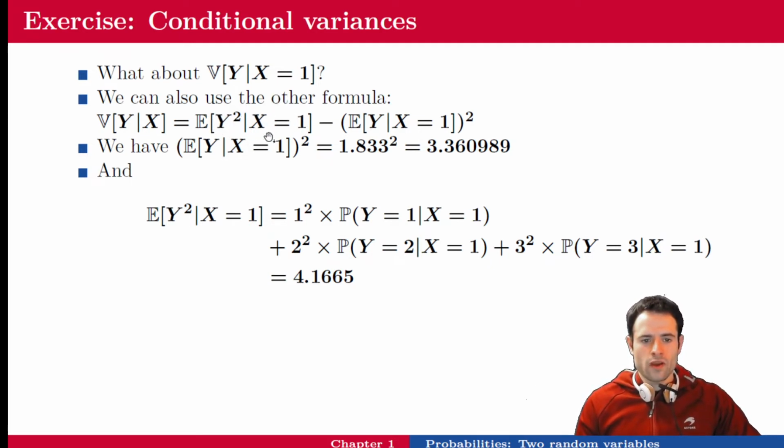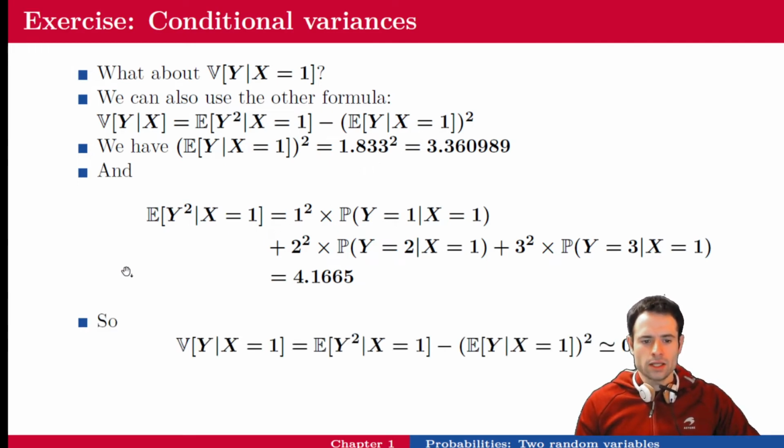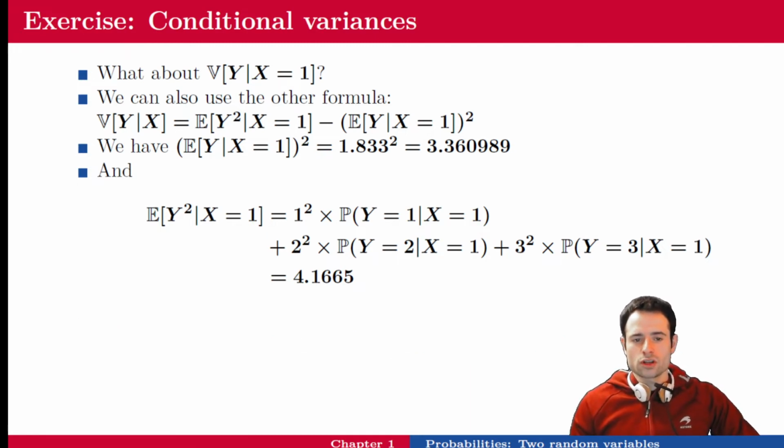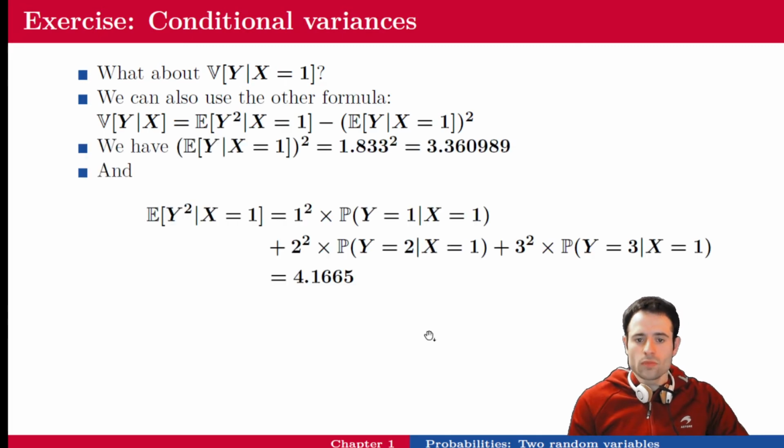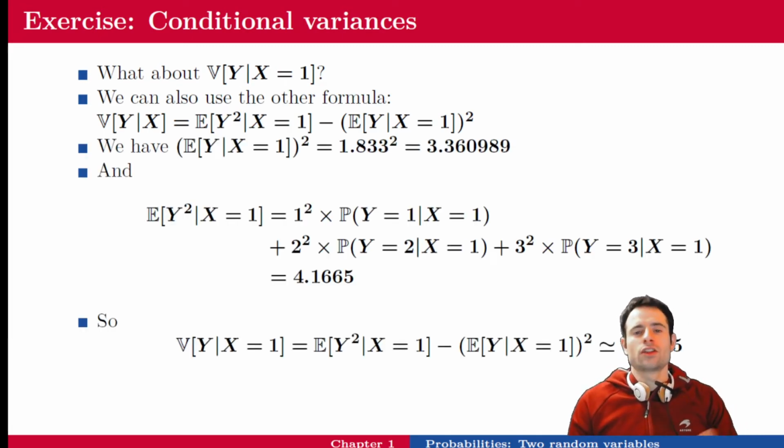The second term of the variance is here. It is 1.833, there's another 3 I think, squared. And finally, you take the difference, and that gives you 0.8055, which, rounded off, goes back to, well, it's actually exactly the same result. Both results are rounded off though. 2 ways to get the same result.